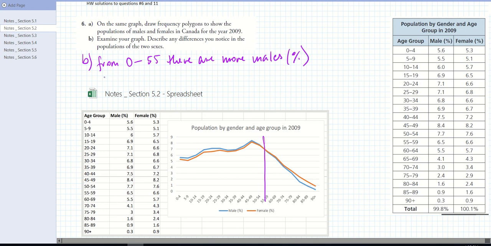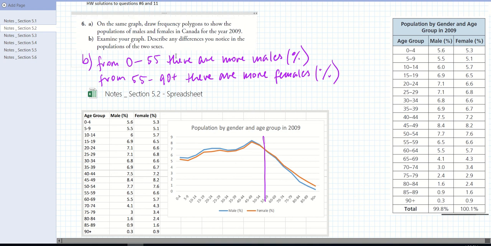And then from 55 to 90 plus, there are more females. So women live a little longer compared to men after the age group of 55. So that's what we see from this graph in question 6.